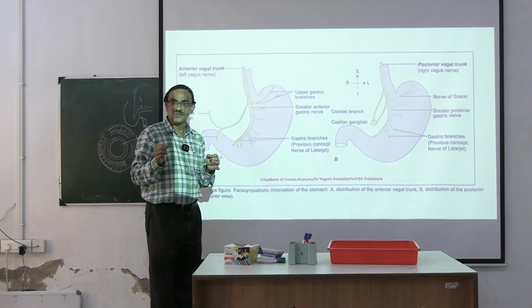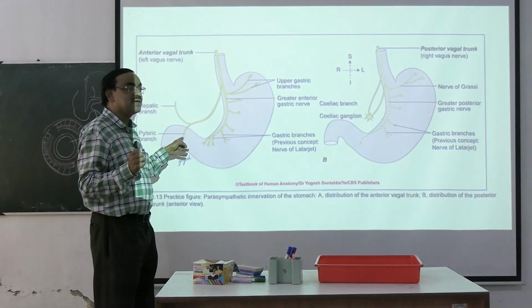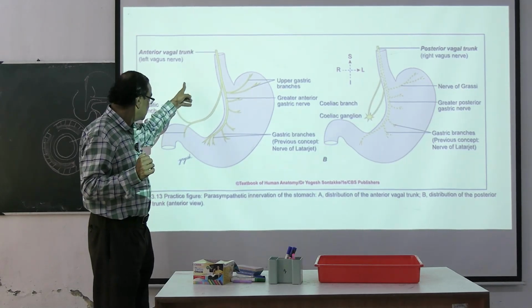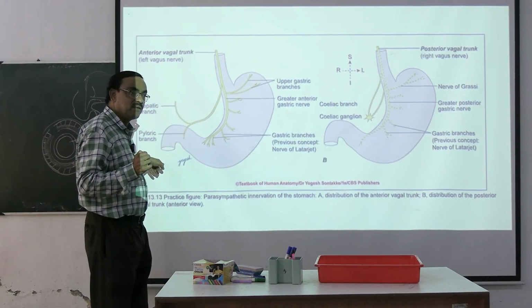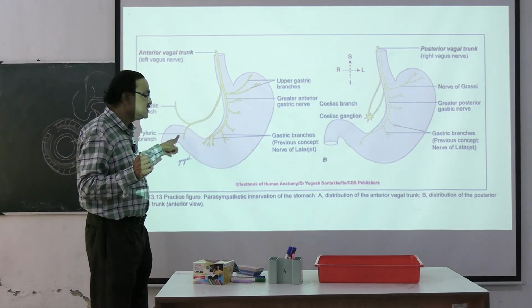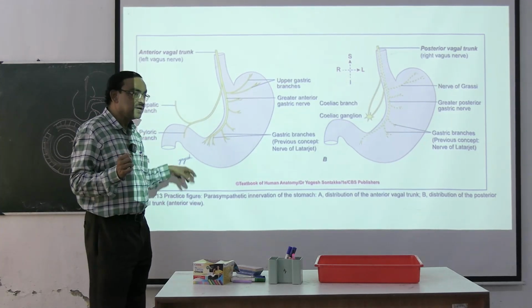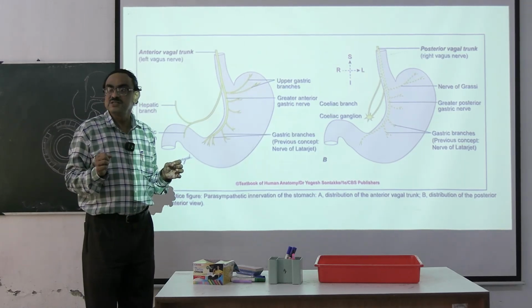So this area is soft, and this area we can identify with bile staining, because we know the bile duct opens in the second part of the duodenum. So there is bile staining here. And in this area we are getting the pyloric sphincter.